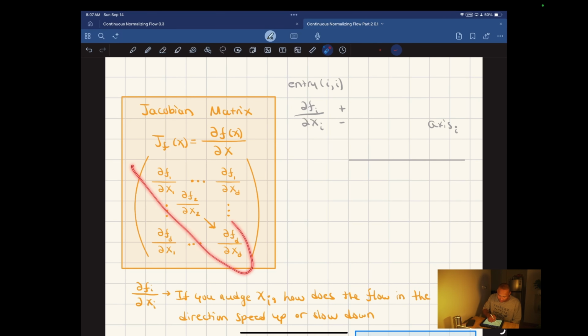And then the trace, if we sum all these values, if it's positive, that means the volume is expanding and the density is decreasing. If it's negative, that means the volume is contracting and the density is increasing. So that's how you interpret the Jacobian, the entries along the diagonal.